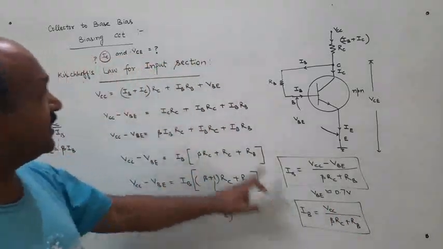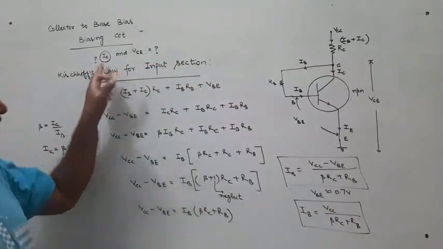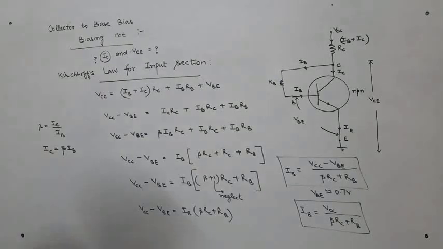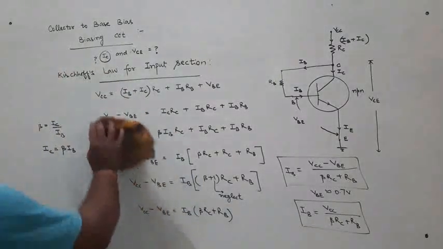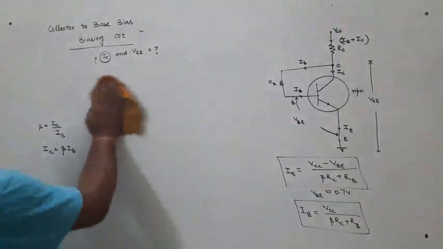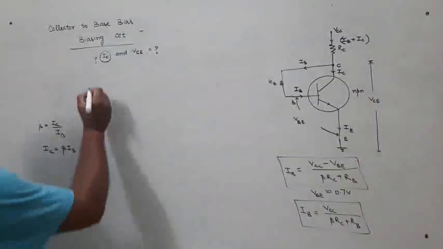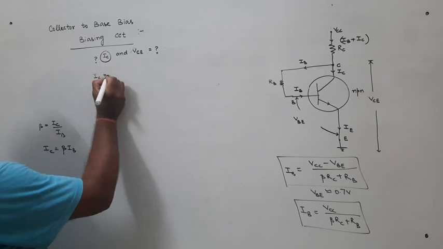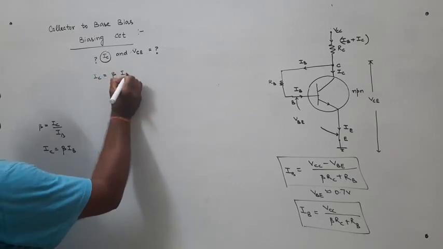And from the base current we can easily calculate IC using this formula. So the value of IC comes out to be beta times IB.